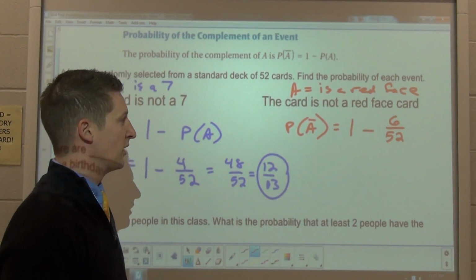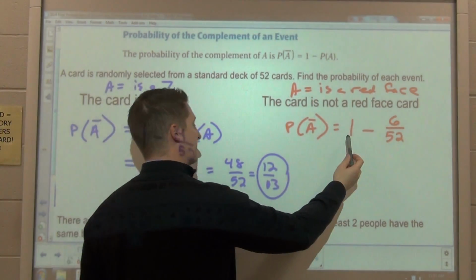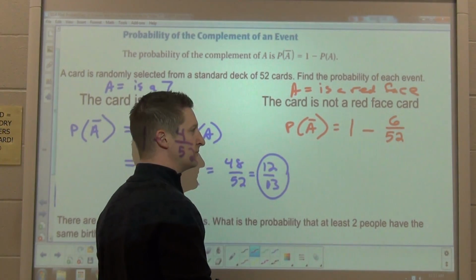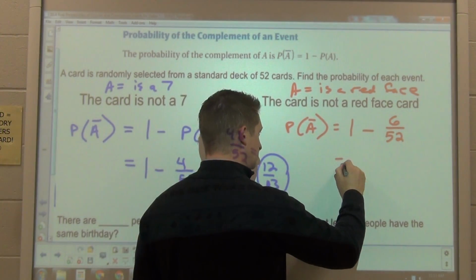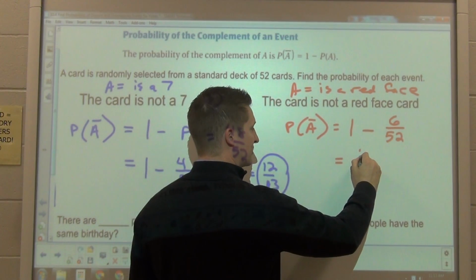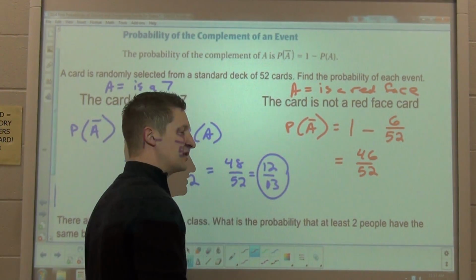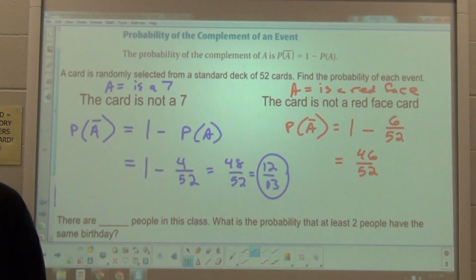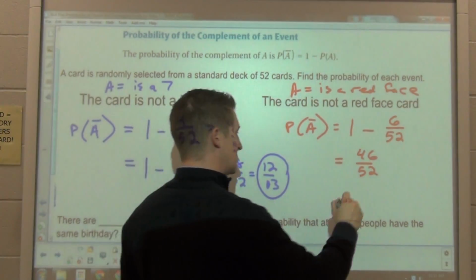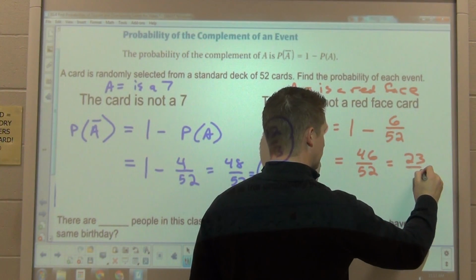When I take 1 minus 6 out of 52, again I have 52 out of 52. 52 minus 6 is 46 out of 52. And then when I reduce 46 out of 52, I get 23 out of 26.